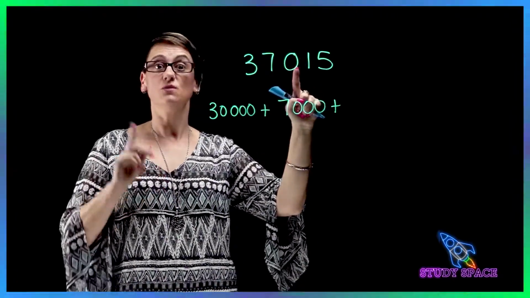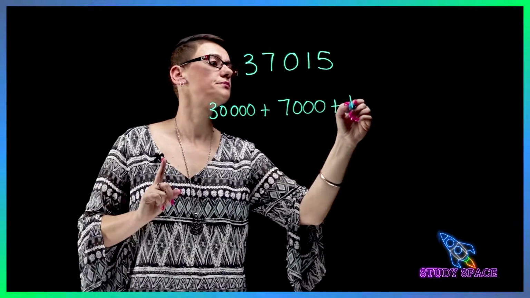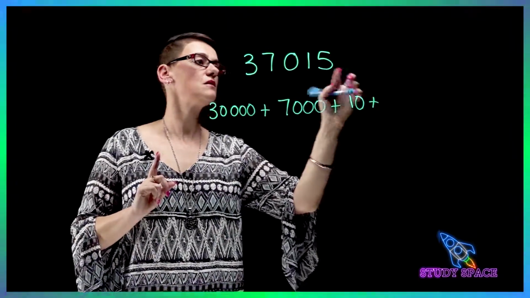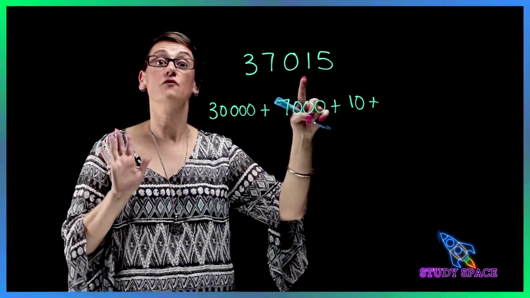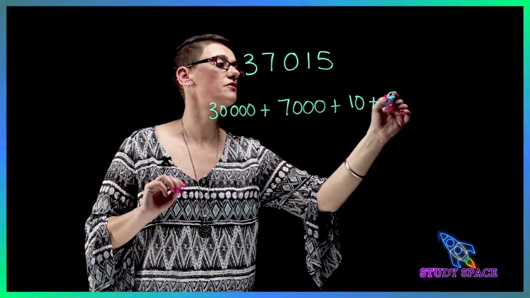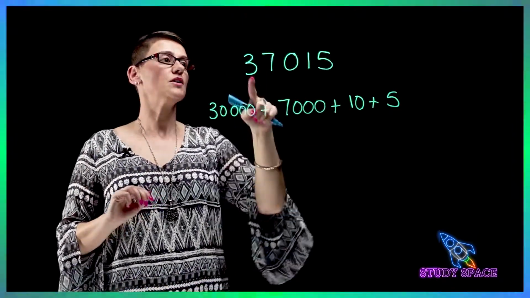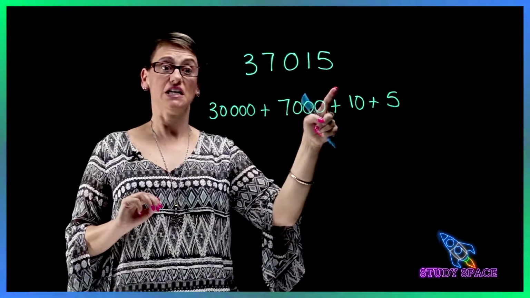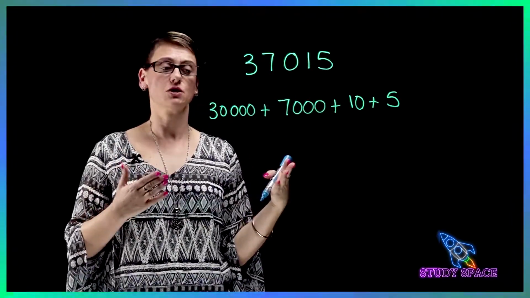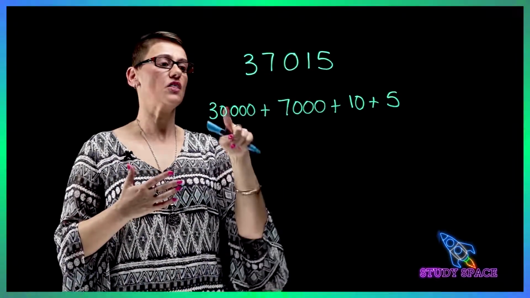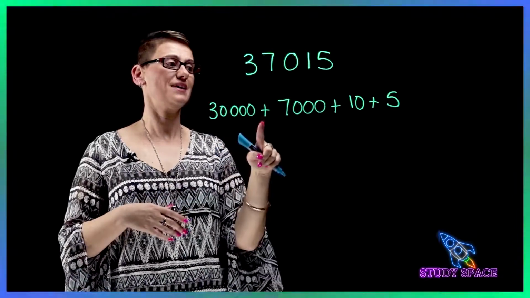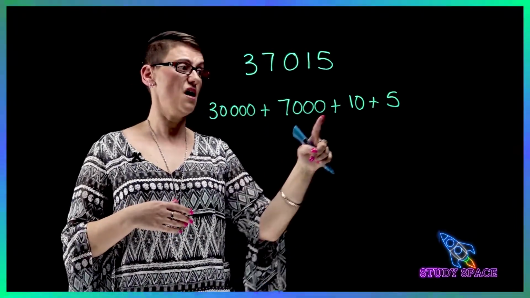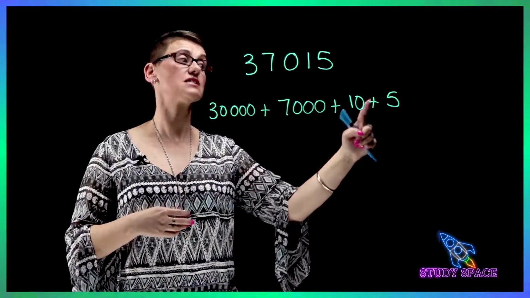So we've got 10, so it's just 10. And then we've got the 5, which is worth 5 ones. So we write the 5. Okay, so 37,015 in expanded notation form looks like 30,000 plus 7,000 plus 10 plus 5.